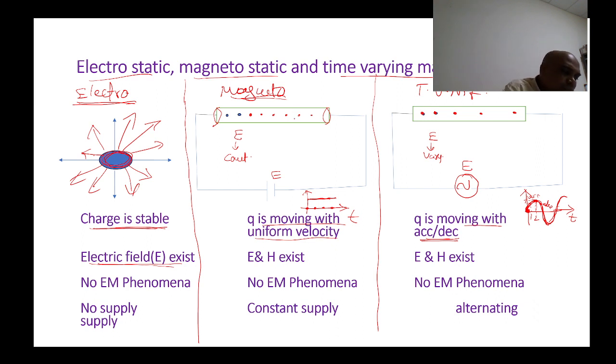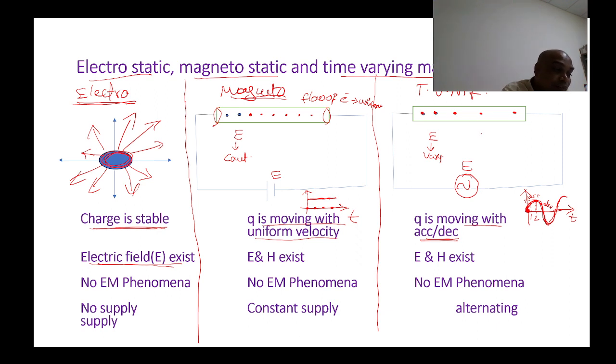So if charge is moving uniformly, charge is nothing but the flow of electrons. Charge is nothing but electrons. So here charge is moving means electrons are moving. The flow of electrons is also uniform. Why? Because charge is moving with uniform velocity.